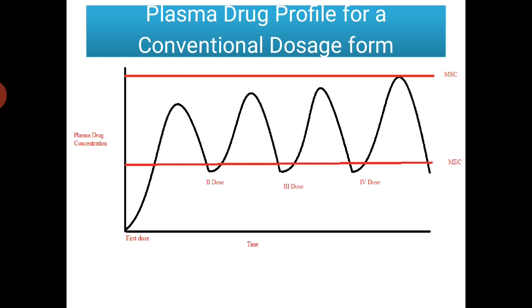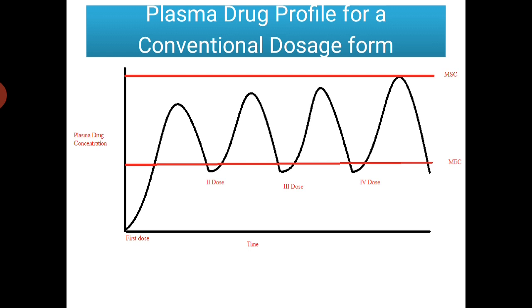Thus, in order to maintain a concentration of drug in our body, at the time it comes below the minimum effective concentration, we administer the second dose. Thus, a continuous administration of the drug is necessary. This is what happens in a conventional dosage form.